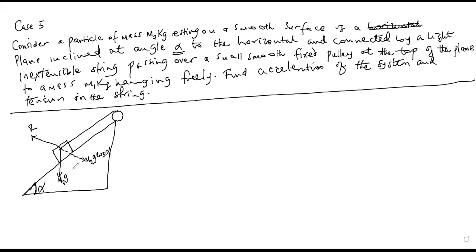We draw them using dotted lines, and mind you, you need to be careful. One can leave them, but the problem with leaving them is that during the resolution of forces and other operations, students normally forget them, so better show them. And here we shall have m2g sine alpha.